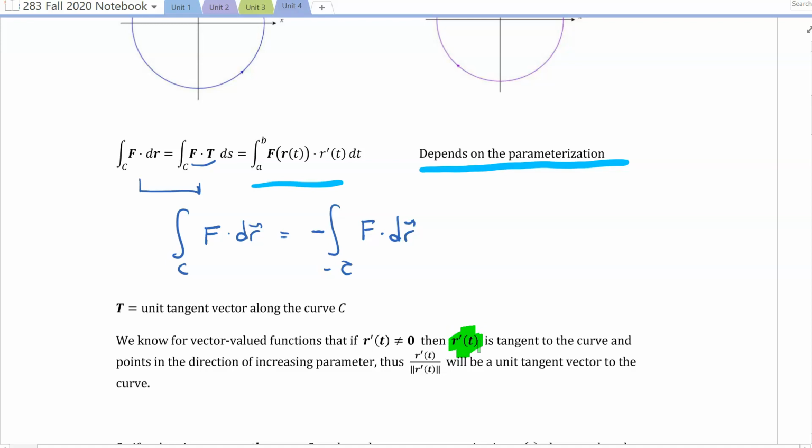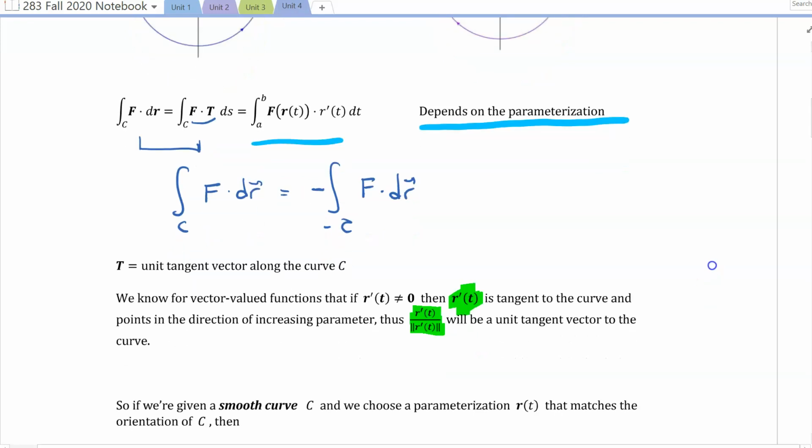It goes along the curve, and therefore if we normalize it by dividing that vector by its own length, we have a unit vector along the curve. So we can think about capital T, the unit tangent vector, as r prime over the length of r prime.